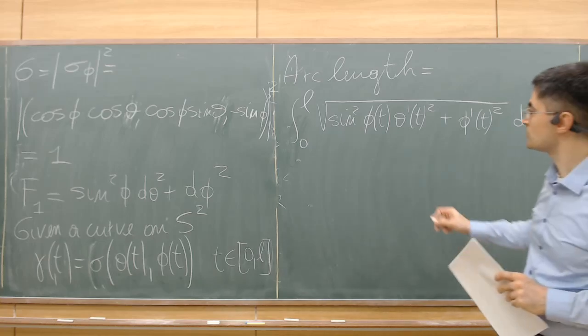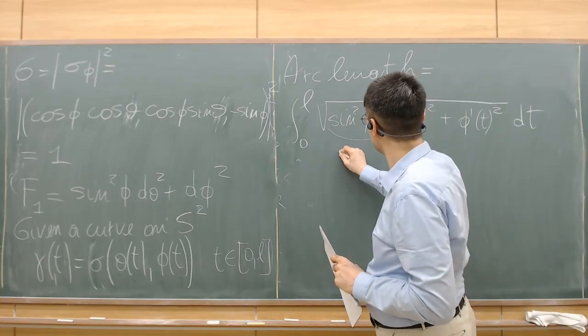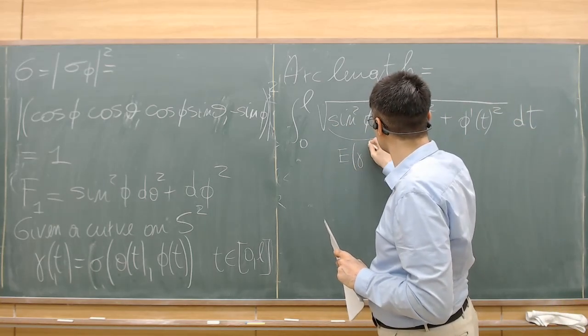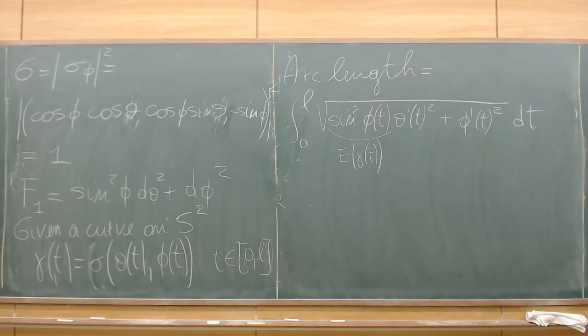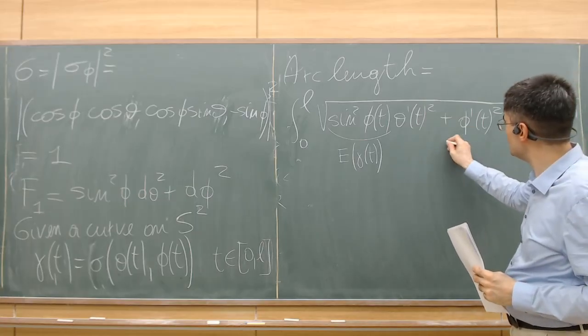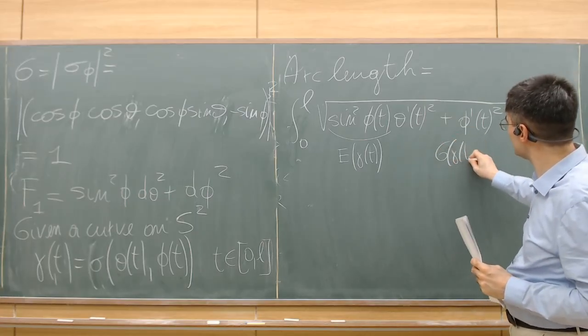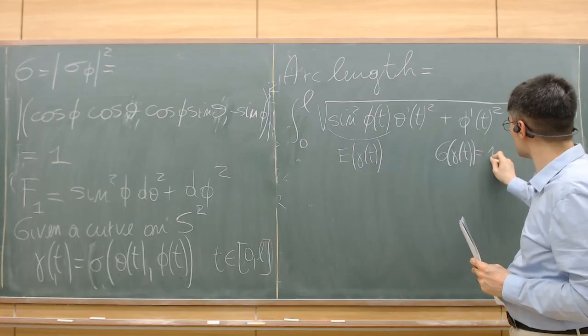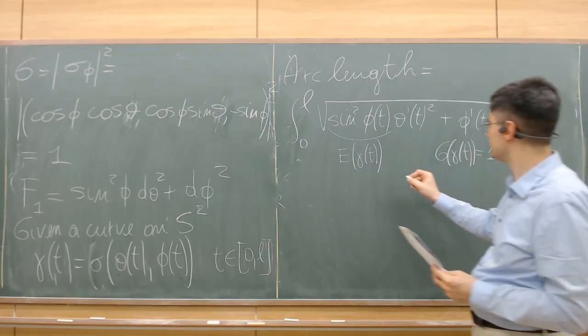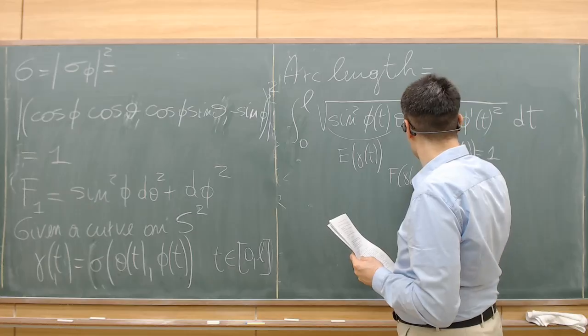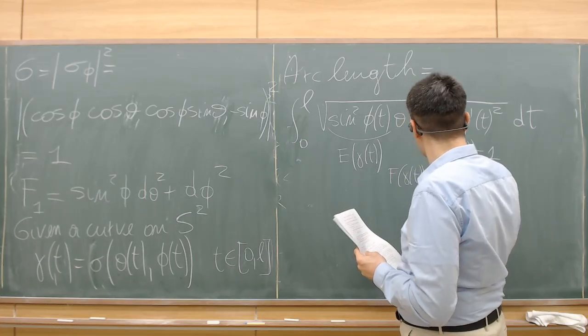Why? Because this is E evaluated at gamma of t, and G evaluated along gamma of t is 1, and F is 0.